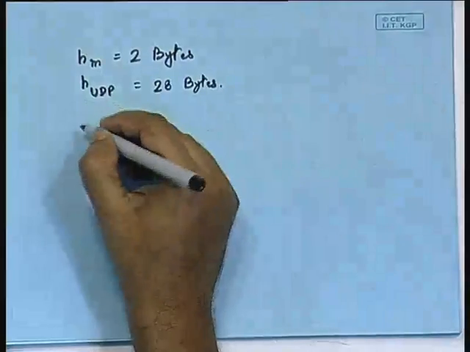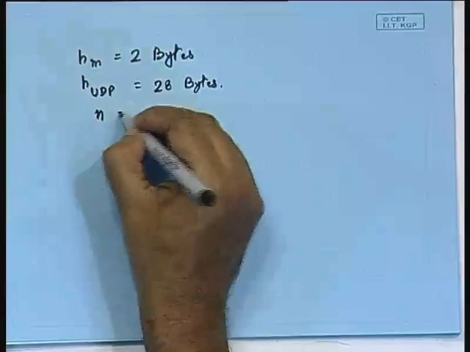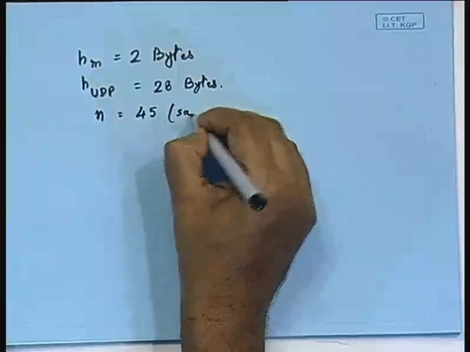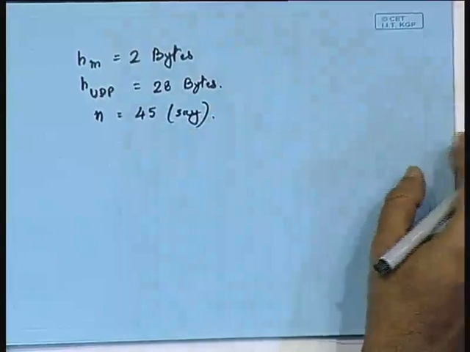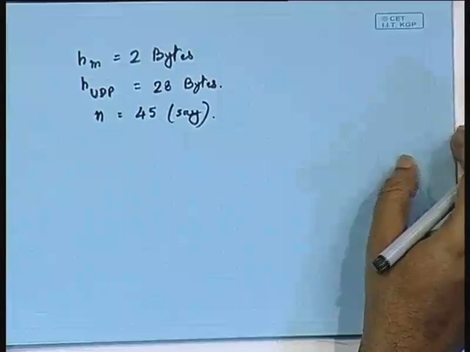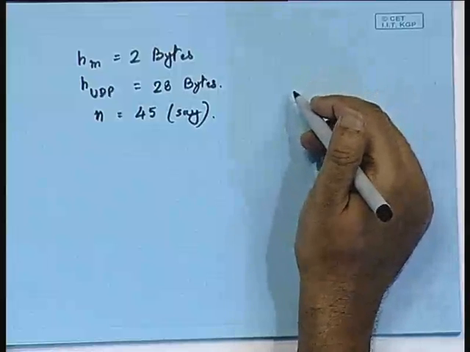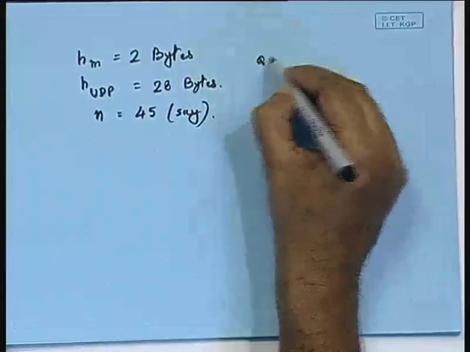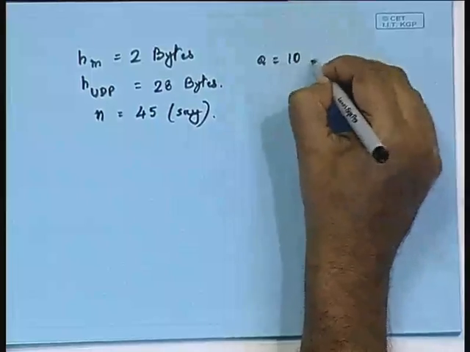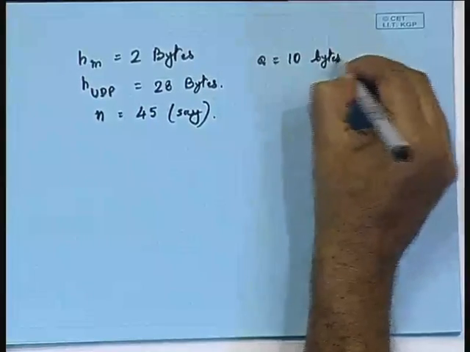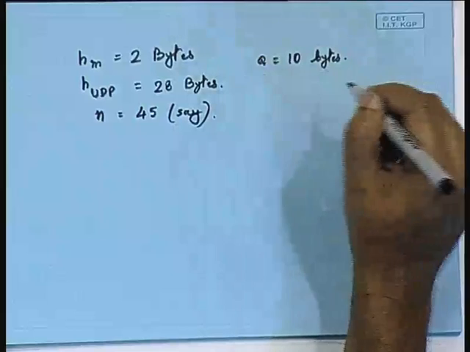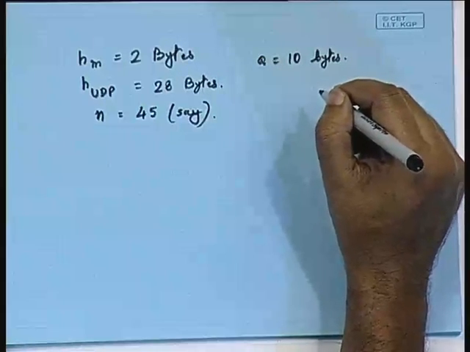Supposing we have n equal to 45, say 45 multiplexed channels. A can be taken as 10 bytes as before. So A is 10, n is 45, HUDP is 28, HM is 2.